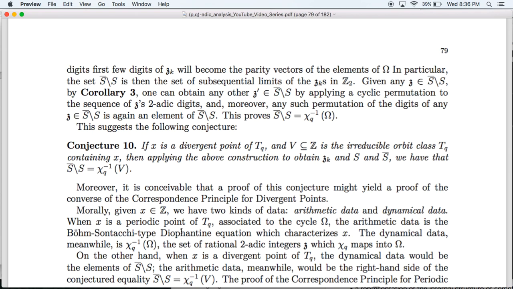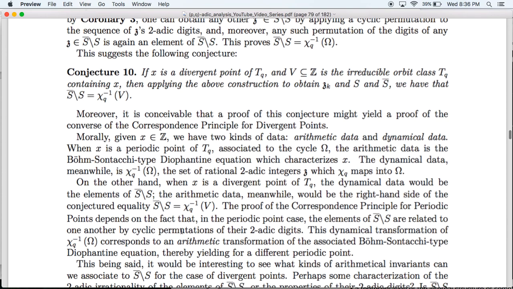Equivalently, it's the formula chi q of n divided by 1 minus mq of n, which is equal to x. The dynamical data, on the other hand, is chi q's preimage applied to a big omega, which is the set of rational two-adic integers that chi q maps bijectively onto omega.